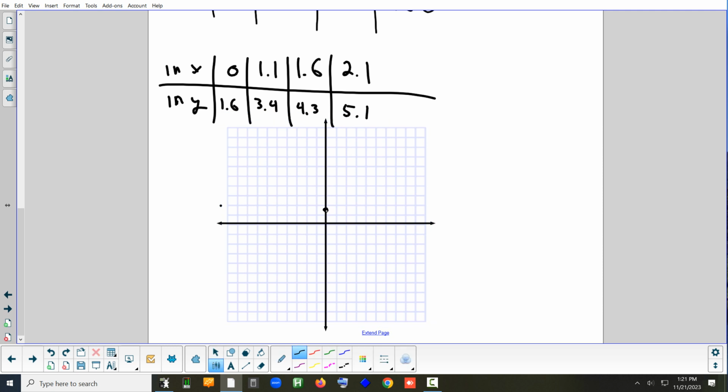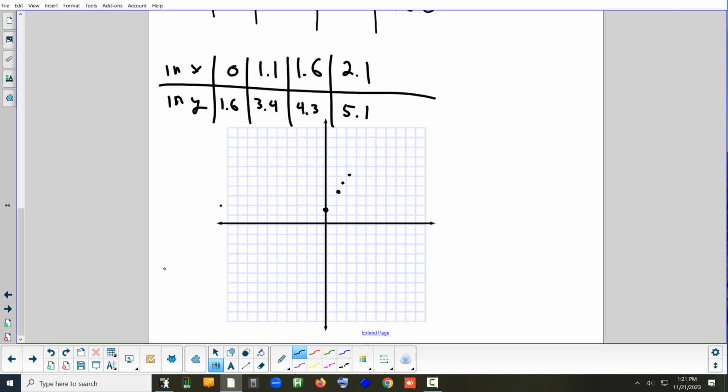We've got 1.1, 3.4. So 1.1, 1, 2, 3, be about right there. 1.6 and then 4.3. So 1.6, 1, 2, 3, 4.3, be about right there. And then a little more than 2, a little more than 5. So 2, 1, 2, 3, 4, 5. Put the dot about right there.